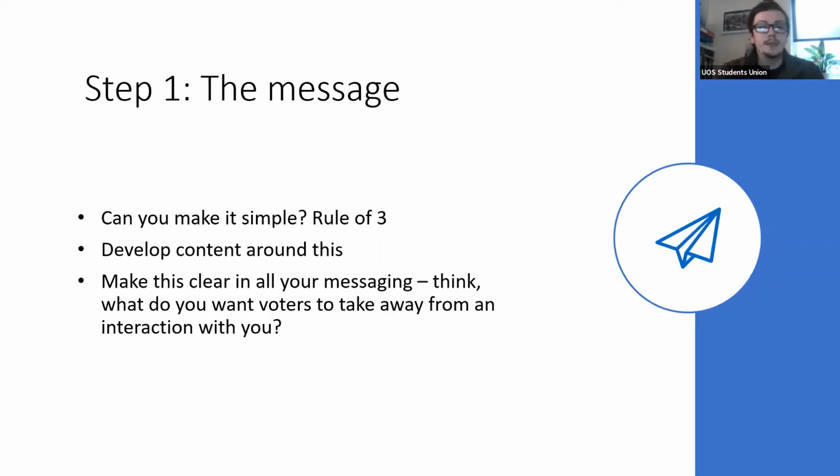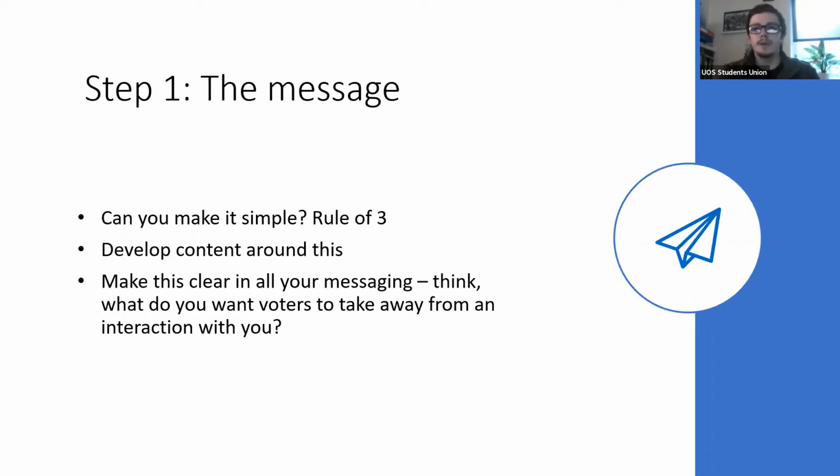You should look at everything else we'll talk about in the rest of this presentation and develop your content around that. If you've got these three simple points that you want to get across to voters, and you know what that message is, you can have that in your head for everything you do. If you're asked a question at the candidate question time, you think, well, that relates to point two of my three points, so I'm going to get that point across in my answer.